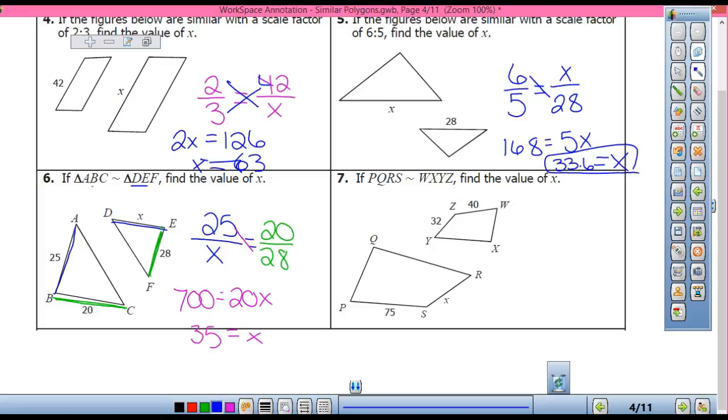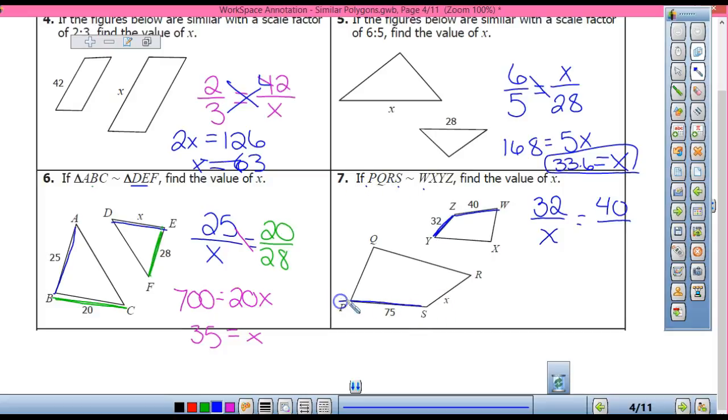Okay, let's see. YZ or ZY 32 goes with, what does YZ go with? RS, which is X, equals ZW, which is 40. And what goes with ZW?